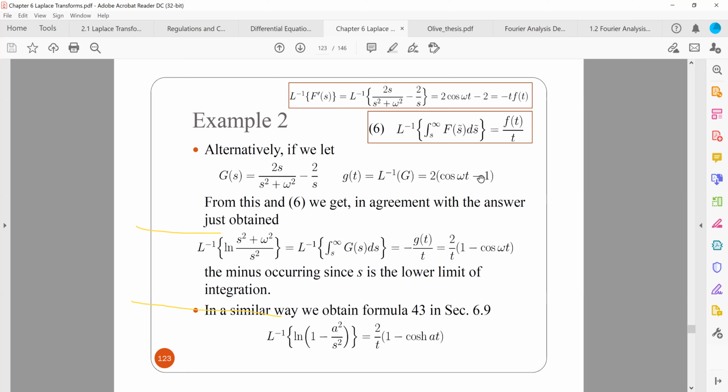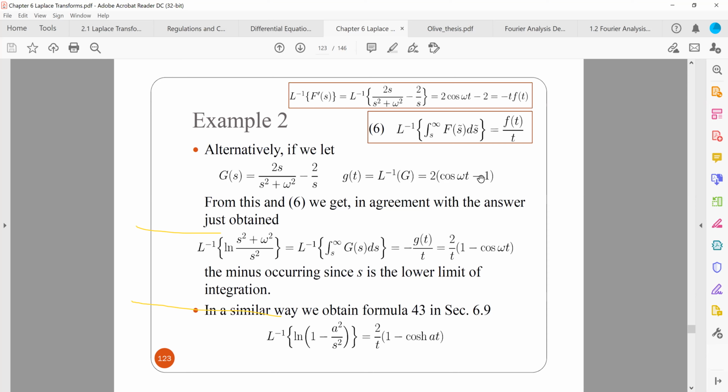Then from there, you can take the inverse Laplace, from the right side to the other side. When you take the inverse, it's directly seen that the 2 will come out of the inverse, and you remain with the inverse, which is hyperbolic cosine of at, minus 2.